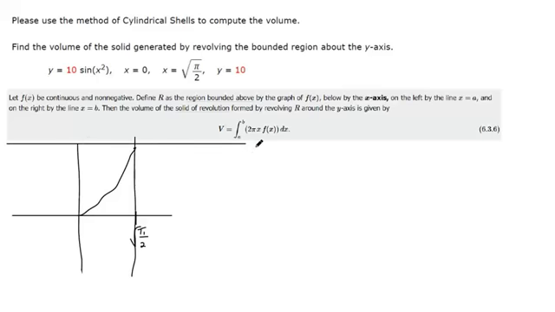Let's see. I want the region bounded by all four of these things. How are all four going to play a part? I think they want this region.